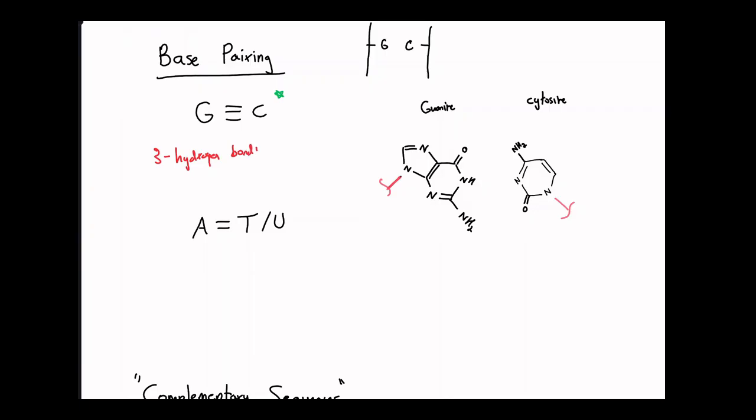And now that we've covered hydrogen bonds in section 1, we can look at where these are. The first is one of these hydrogens interacting with this carbonyl. The second is the lone pair of this nitrogen interacting with this hydrogen. And the third is this hydrogen interacting with this oxygen.